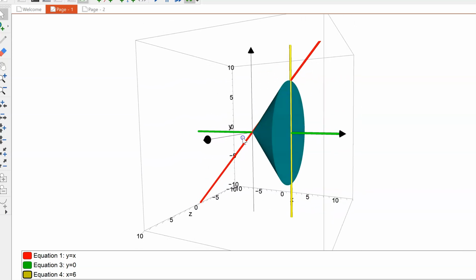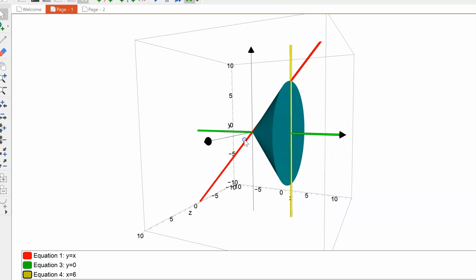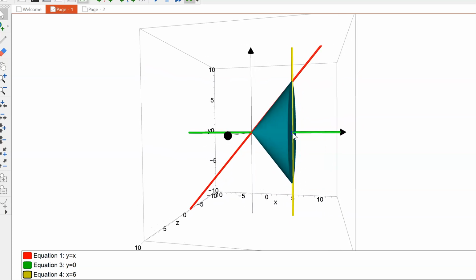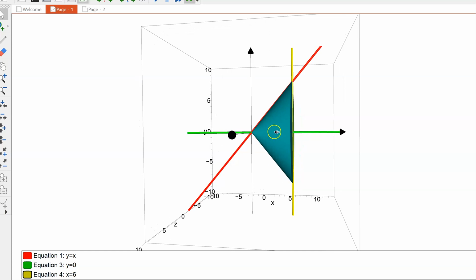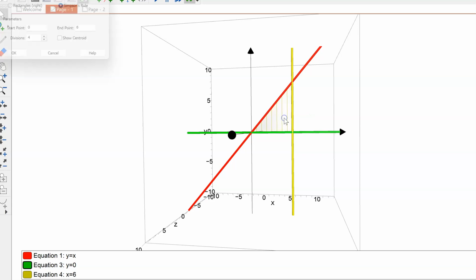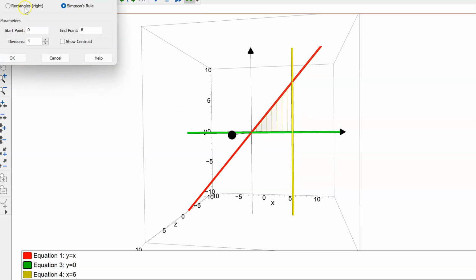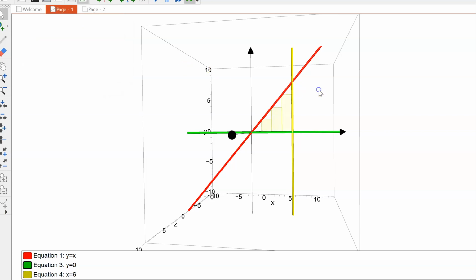Now that three-dimensional shape is a cone, but we do not have to worry about whatever three-dimensional shape it makes. We just have to look at this and notice that it is made up of a bunch of disks. And to help you see that a little bit, so we see these rectangles now.